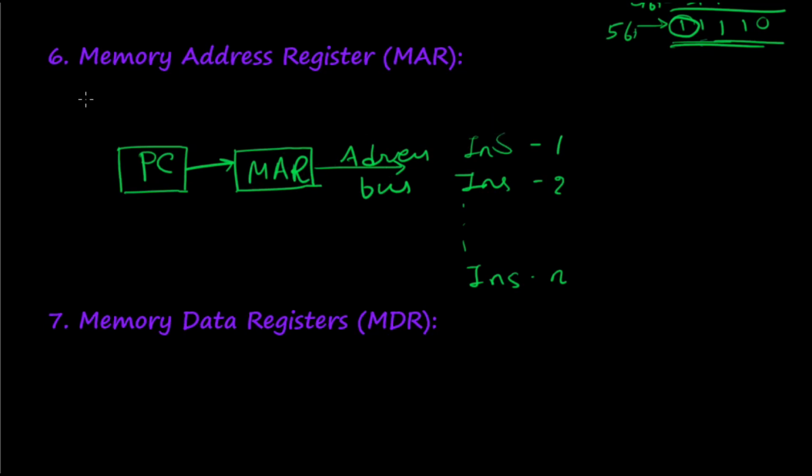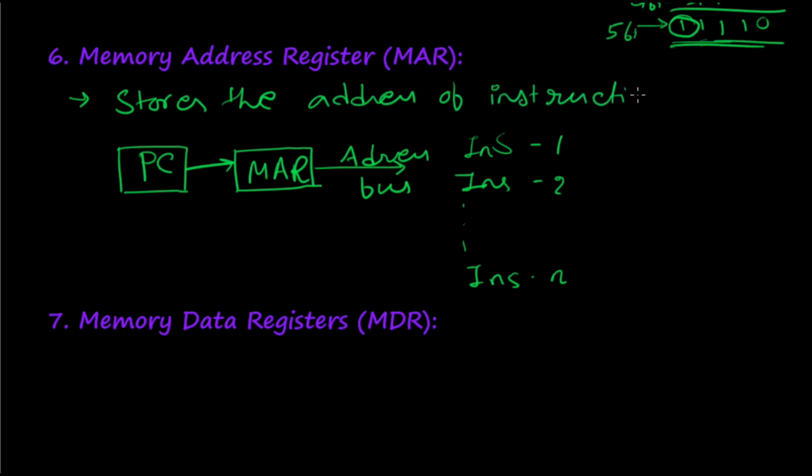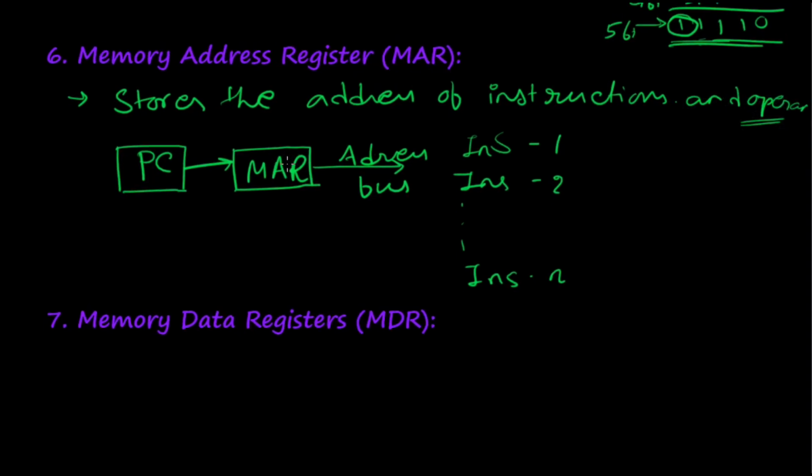So what is the memory address register's work? It actually stores the address of instructions, and operands as well. Why operand? Because sometimes we need to bring the value of A, 10, from some main memory location.